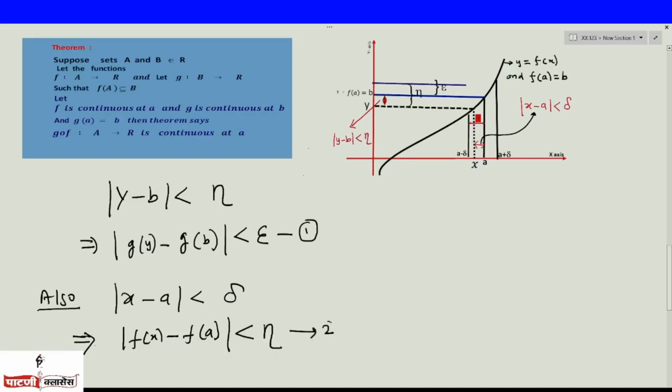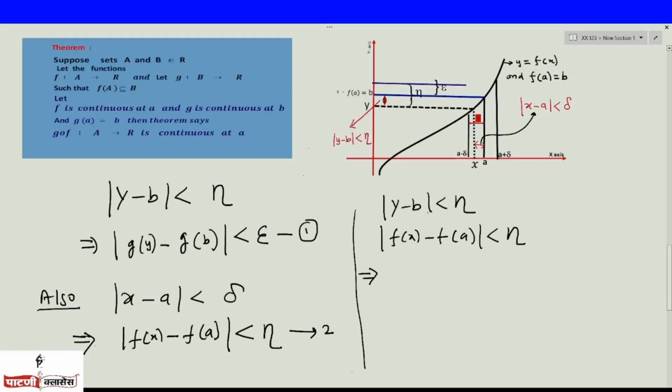Let us call it equation number 2. These two equations are almost similar. From these two equations we get another piece of information.